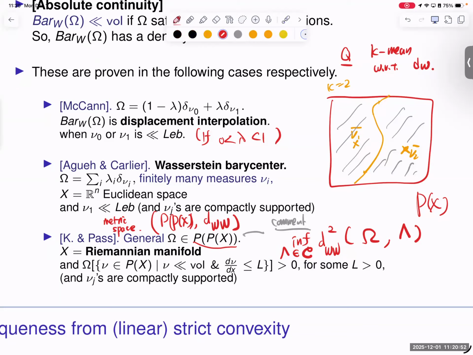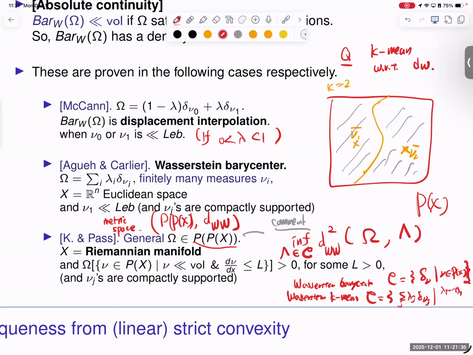So Wasserstein barycenter is when C is the set of just the Diracs. Okay, that's Wasserstein barycenter, and Wasserstein k-means is when C is, let's say, the sum over j of lambda j delta nu j.